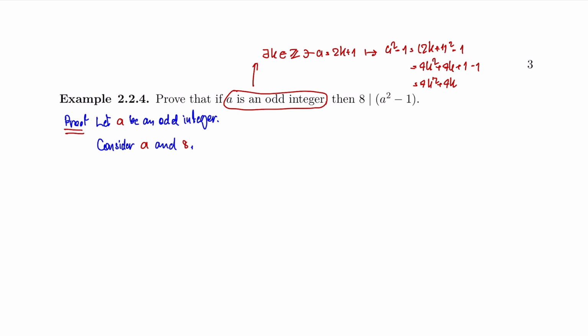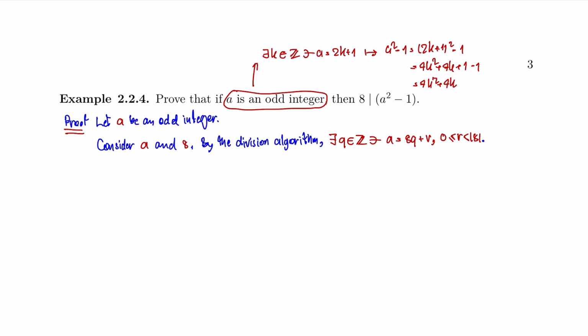Then by the division algorithm, what do we have? There is an integer q, such that a equals 8q plus r, where r is greater than or equal to 0 and less than the absolute value of 8.